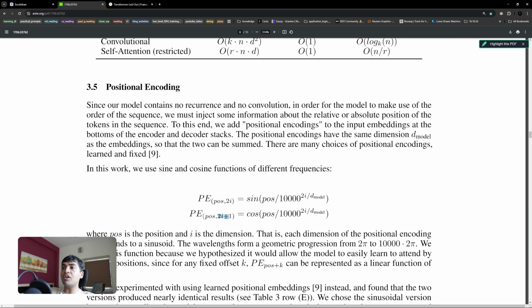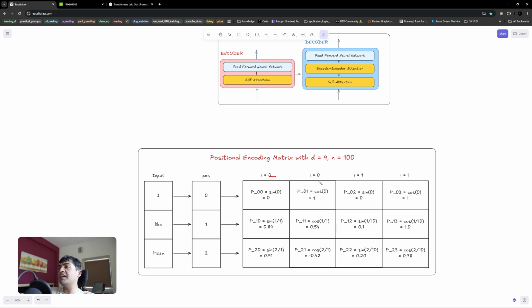So 2i plus 1 and 2i. So the way I like to think about it is i is equal to d by 2, and we alternate between sine and cos. So for cos 0 equal to 1, sine 0 equal to 0. And for i equal to 1, that is, so this is d1, d2, d3, d4.